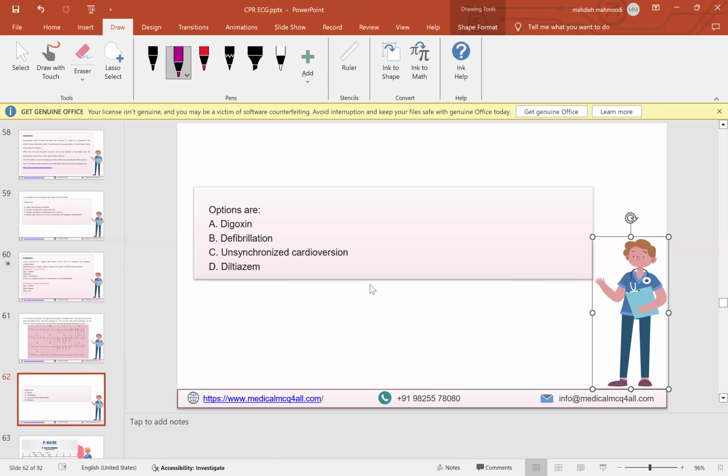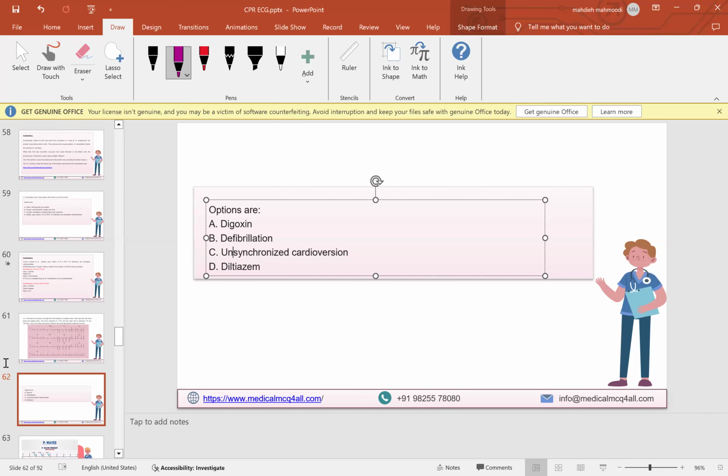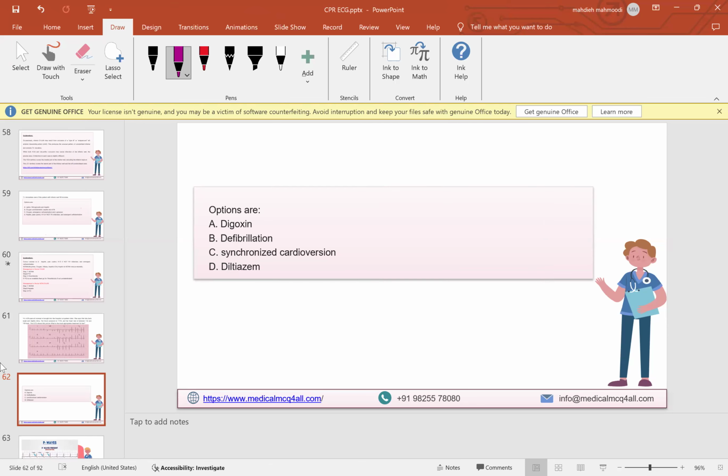Digoxin, defibrillation, synchronized cardioversion, or diltiazem. Defibrillation and unsynchronized cardioversion are the same thing.